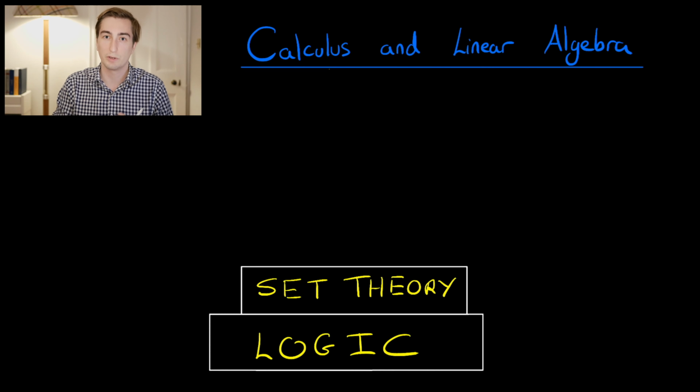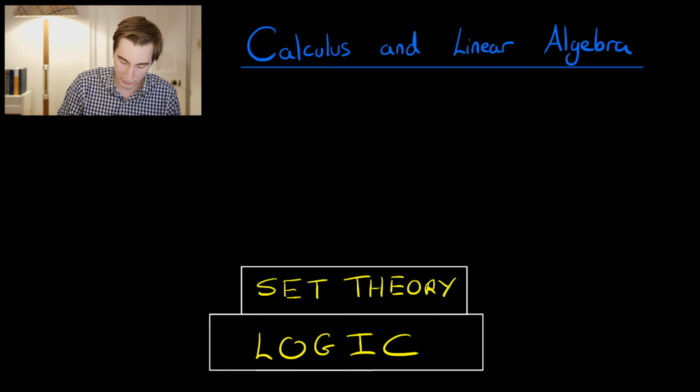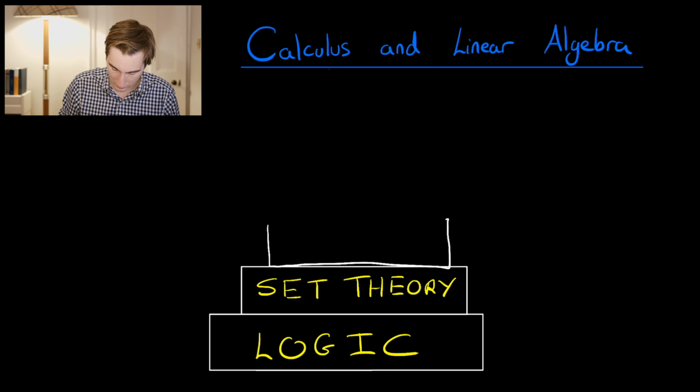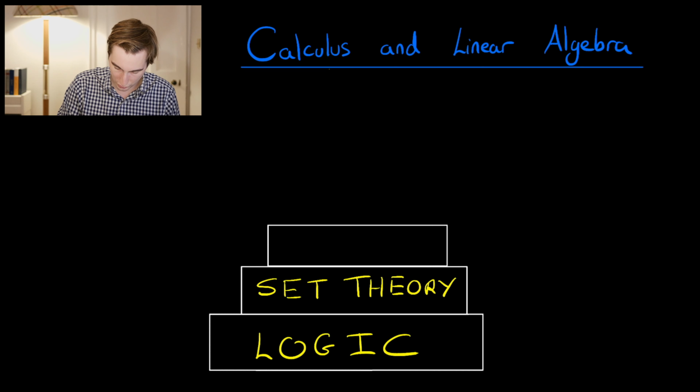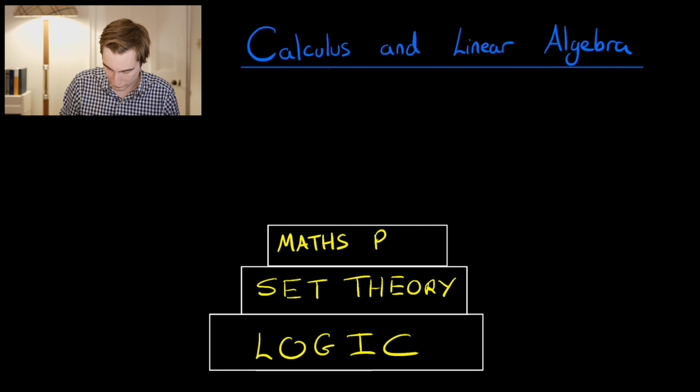Instead, we're going to take a little bit of a step back, and talk about how to construct certain types of mathematical proofs. So the next component of the course will be constructing mathematical proofs. I'll just write this as maths proofs.